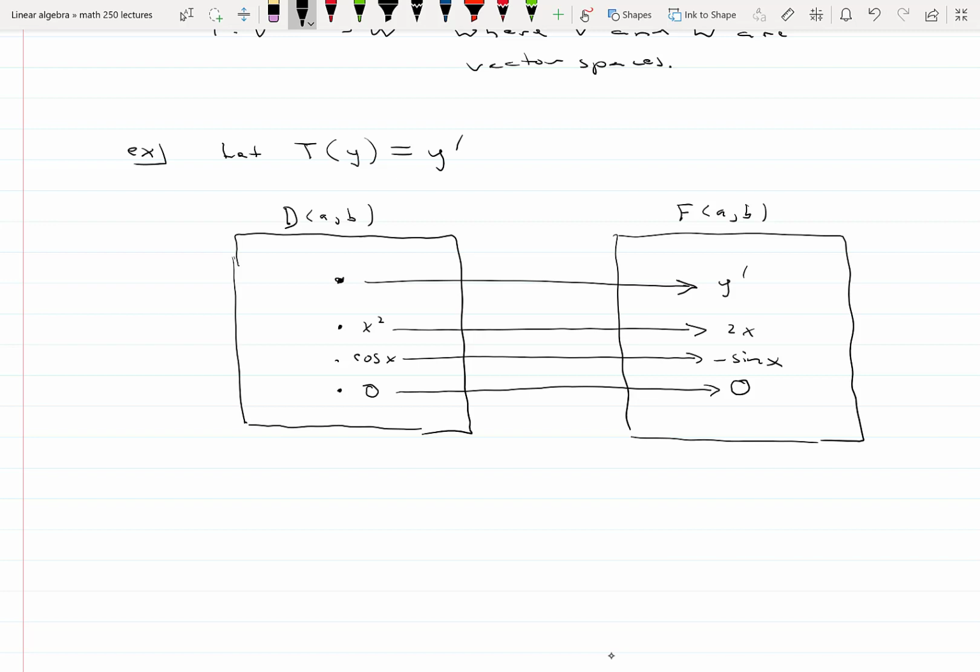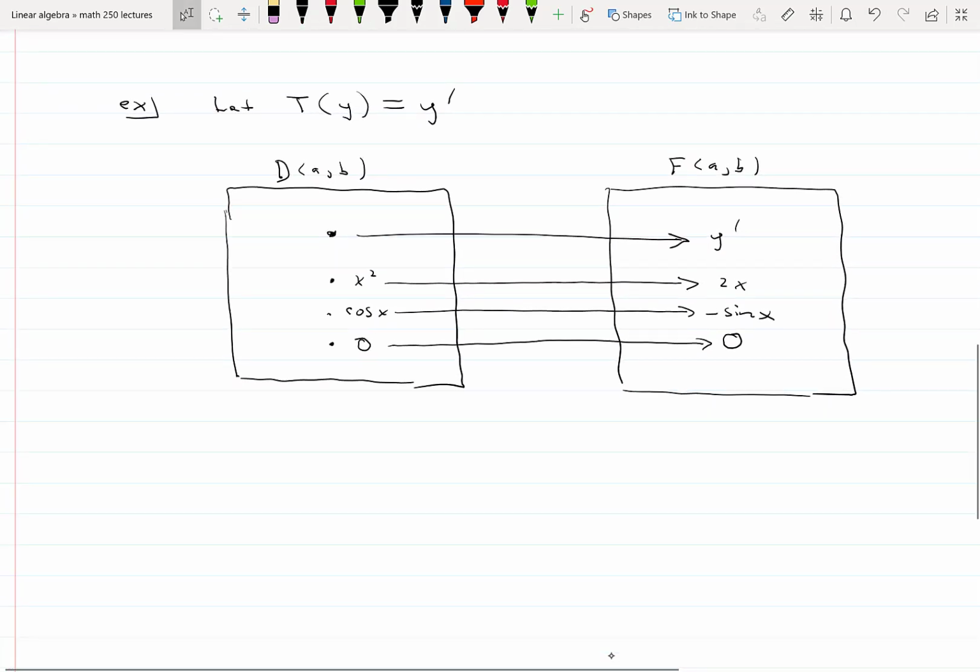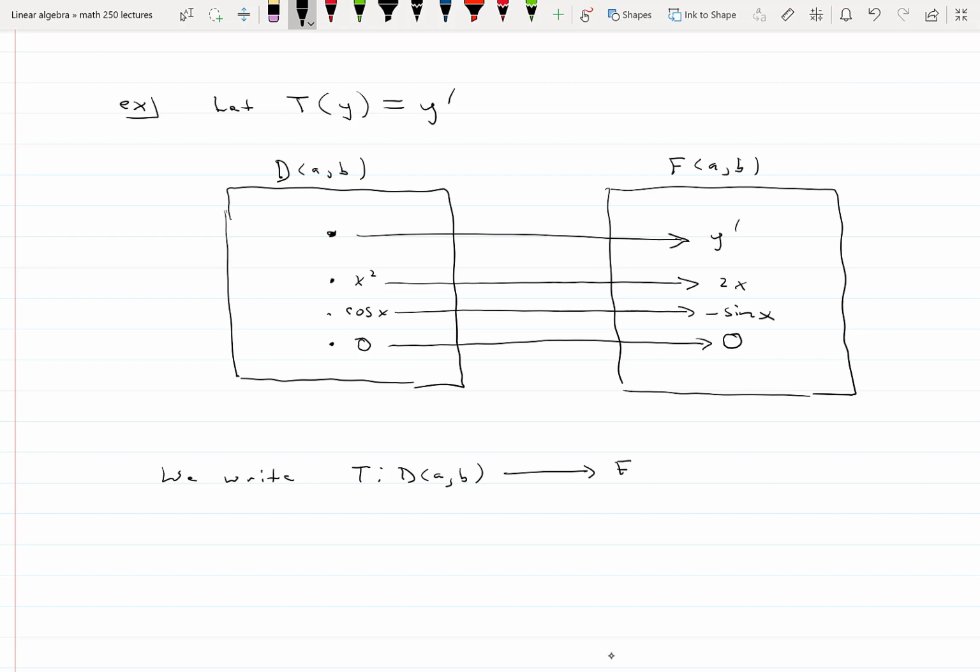All right. So the way we would designate that this transformation takes something from D and turns it into something from F, two very separate vector spaces, to indicate to our reader what this function is doing, we say that T takes D(A, B) into F(A, B).